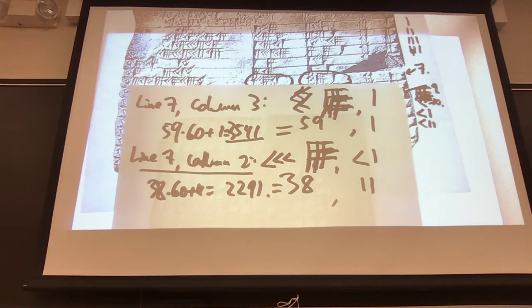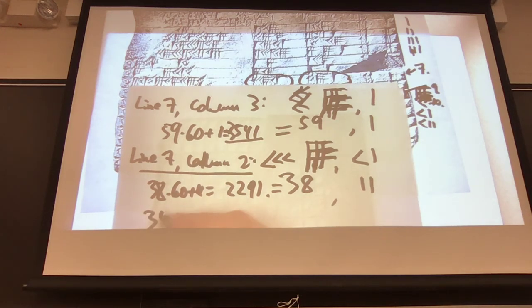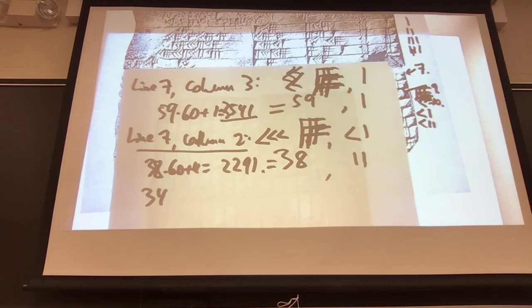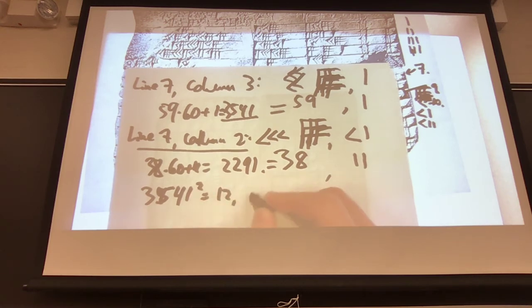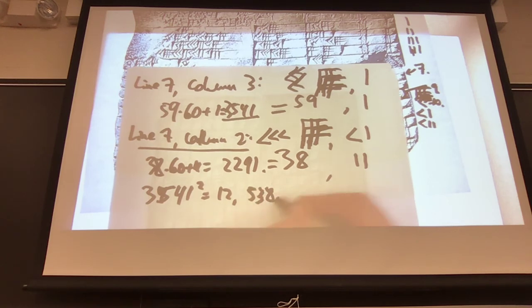So people understood that this should be some kind of tabulating something. What are they tabulating? 3541 squared, let's do it on the calculator. 3541 squared is 12,538,681.